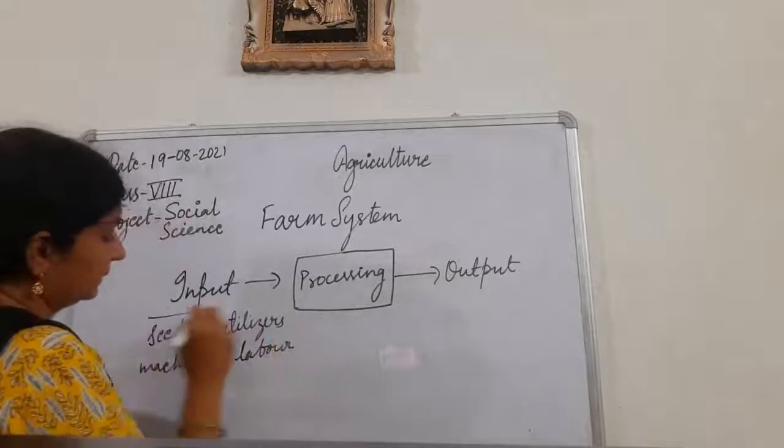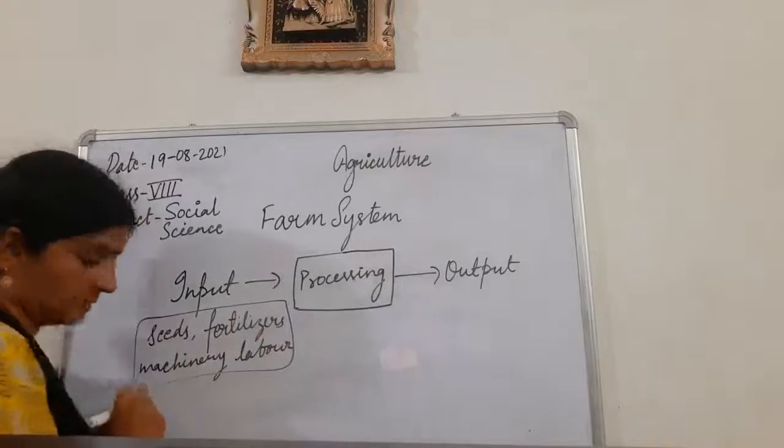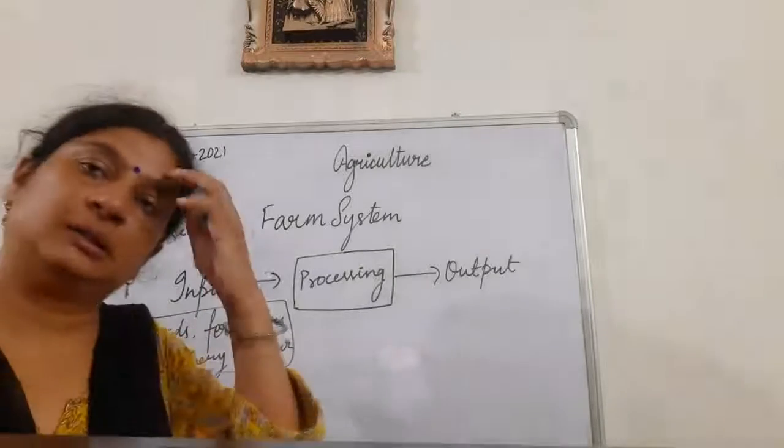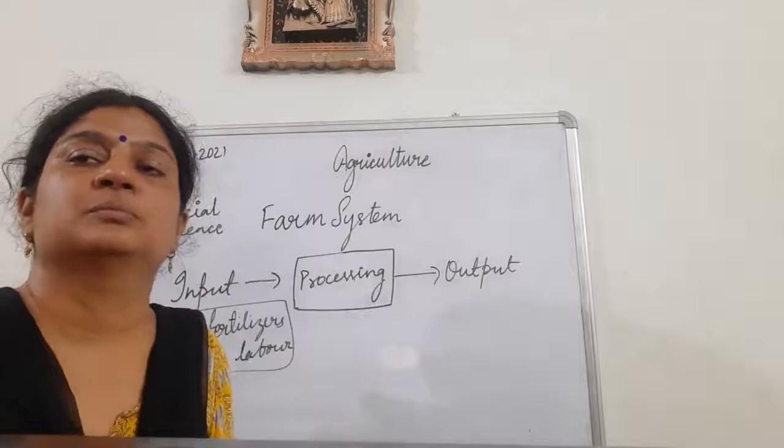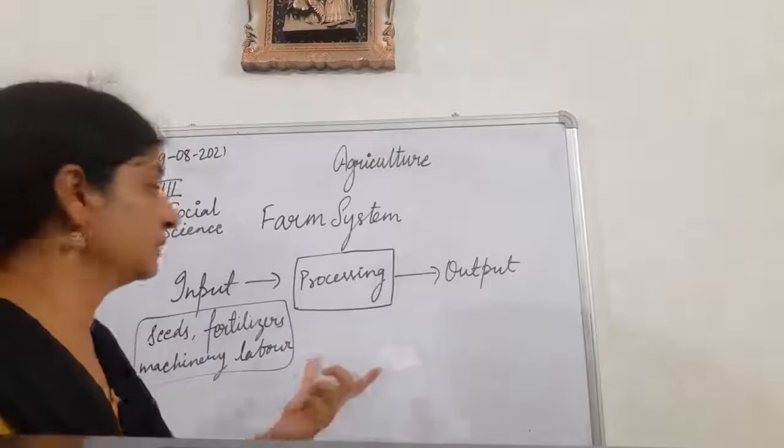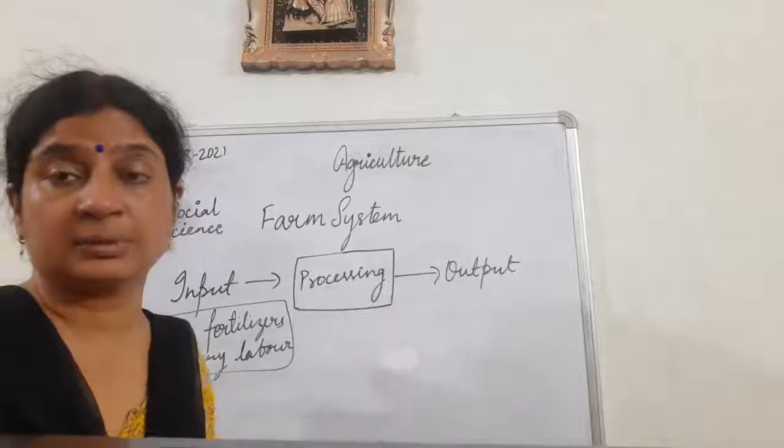So these are the inputs in a farm system. Okay, and then the processing happens.